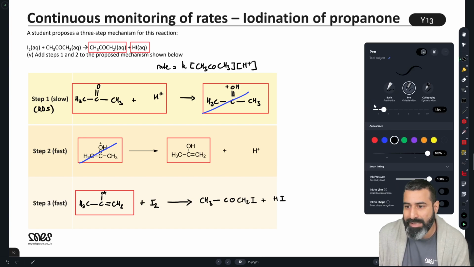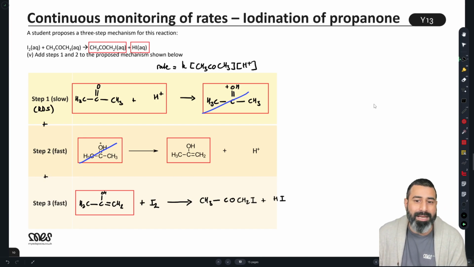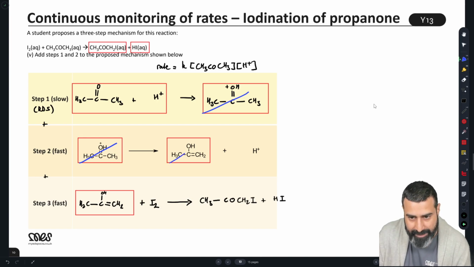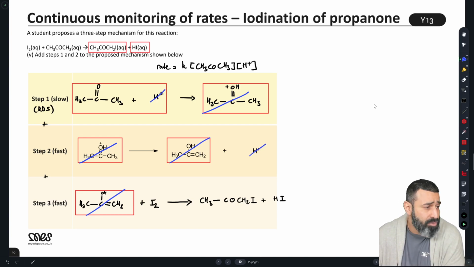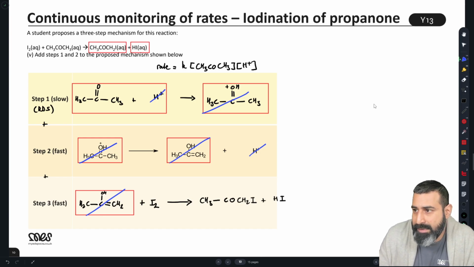Now, how can we tell if we are correct? What we need to do is add up all of the steps of the proposed mechanism. If we add up all of the steps and cancel out terms that we can cancel out, like any intermediates, and we generate the full chemical equation, then this proposed mechanism would be feasible. It doesn't have to be the actual mechanism. So we've cancelled out everything that we can.